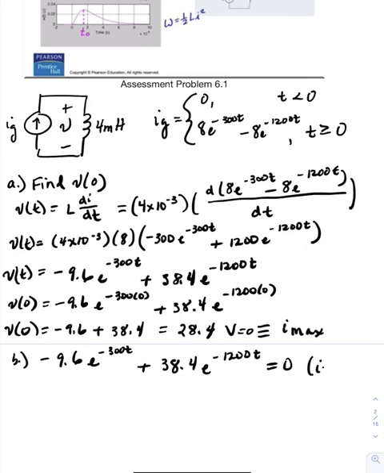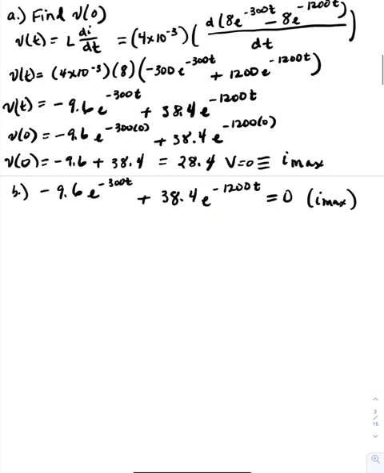And again, this would be I max. So let's put part of this on the other side. 38.4 e to the minus 1200t is equal to 9.6 e to the minus 300t.